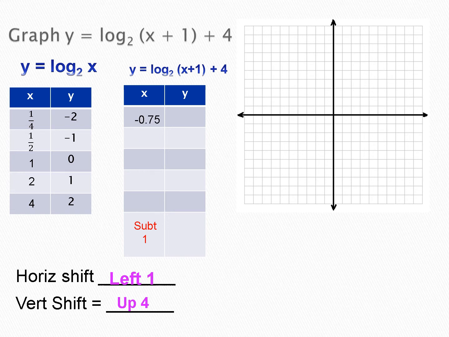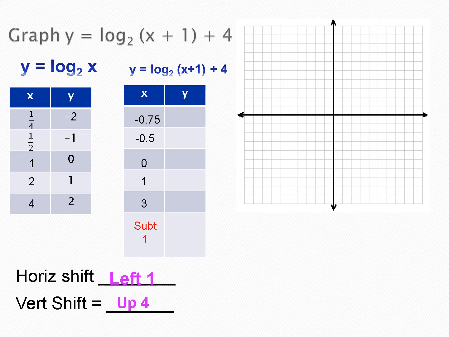Okay, and if you want to use decimals, that's okay to graph your table. Okay, so 1/2 minus 1. Well, if I only have 50 cents and I owe somebody $1, I am short 50 cents. 1 minus 1, well, that's 0. 2 minus 1 is 1. 4 minus 1 is 3. Okay, so we've done our left and right movement, our horizontal translations.